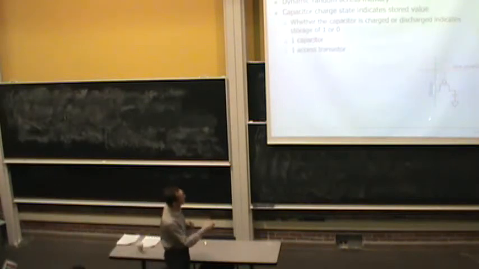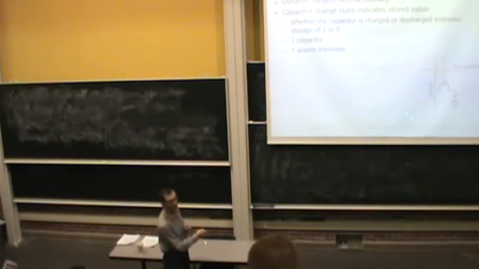And we will see what these are. Basically, you've seen it before. It's a bit line. When you enable access to this capacitor, it affects the bit line, and you can sense whether the bit line is a 0 or 1.